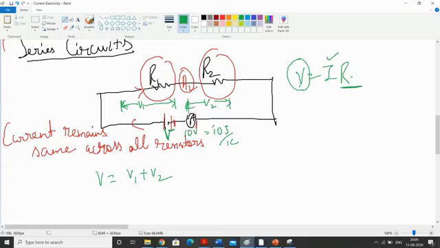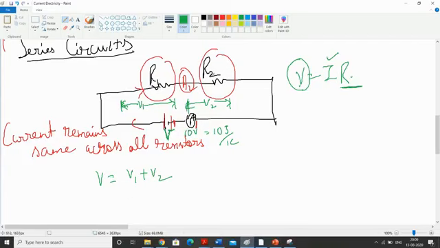So whatever energy is supplied by this battery will be lost across R1 and R2. So V has to be equal to V1 plus V2, because we are considering that there is no other loss of energy, or there is no internal resistance.